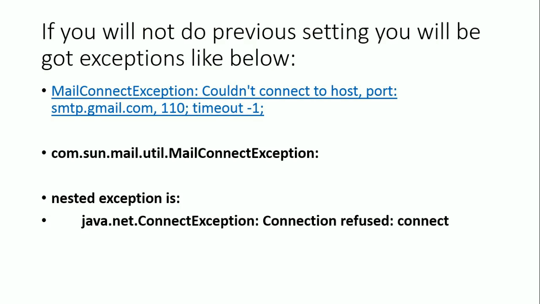If you do not do the previous setting, you will get an exception as below, a mail connection exception, such as smtp.gmail.com connect timed out or -1, or you can get a com.sun.mail.util.MailConnectException. You will get some of these exceptions, as below.